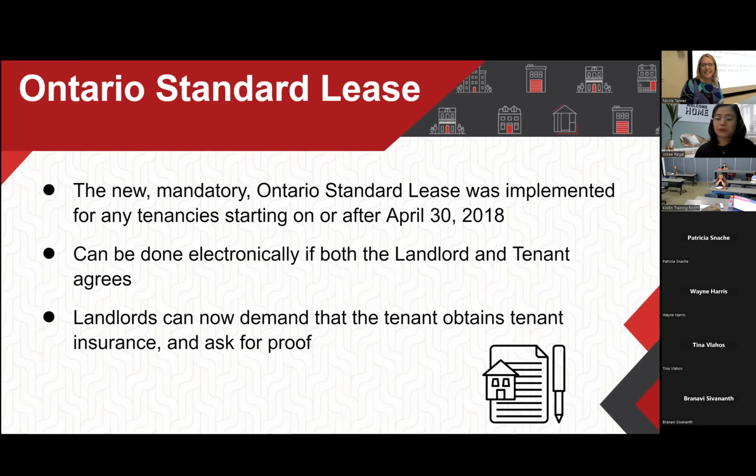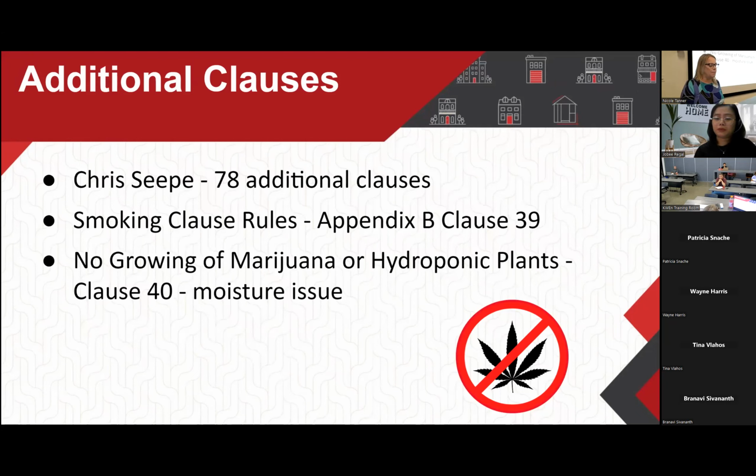I'm assuming everybody's familiar with the standard residential lease. Everybody has access to it, it's very easy to obtain, and that's what you should be using. Chris added 78 additional clauses. He thought of everything, it's unreal.